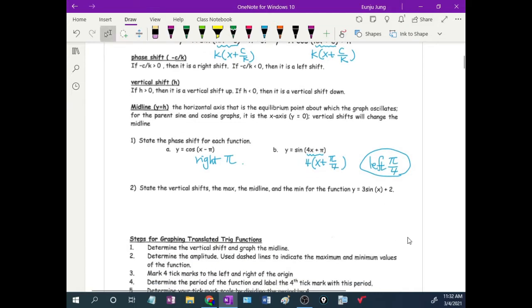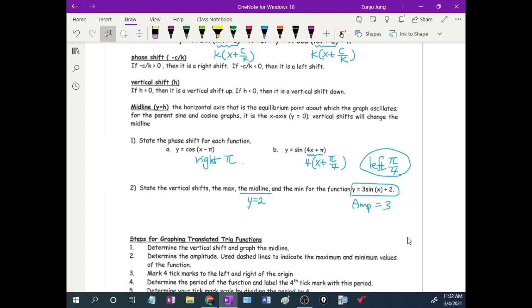Next, state the vertical shift, the maximum, midline, and minimum for the function. If you graph this, what is going to be the midline? Midline is y equals 2. That's right. Because of the amplitude 3, you go up higher from 2.